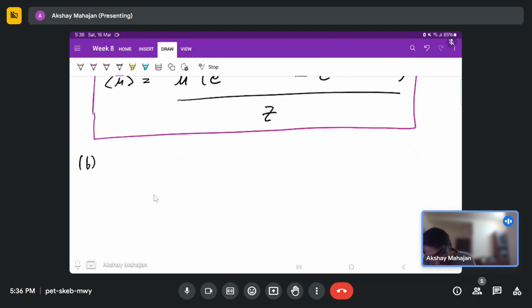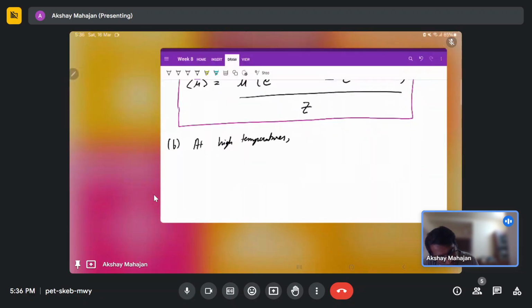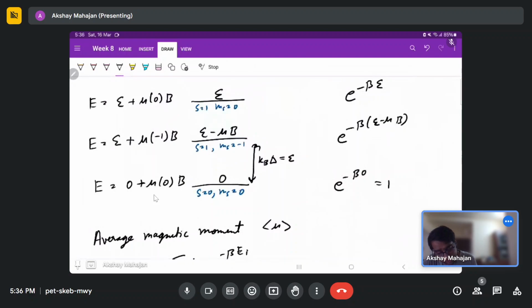Now at high temperatures, which means temperature is much greater than this delta value. Delta is k_B times delta.